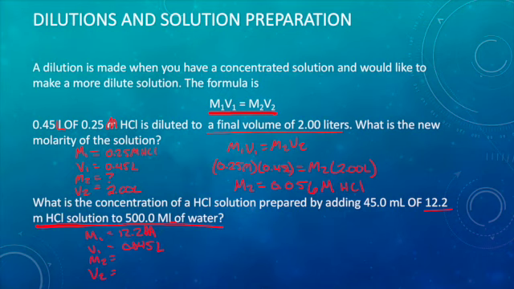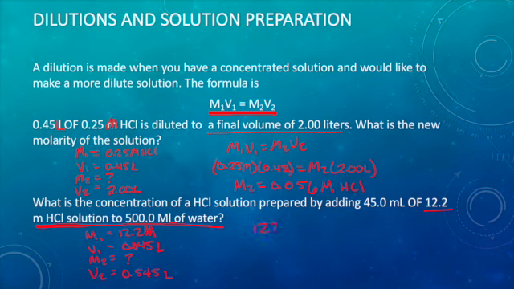So we have 500 milliliters of water plus our 45 milliliters. So our final volume is 0.545 liters, and we are looking for M2.